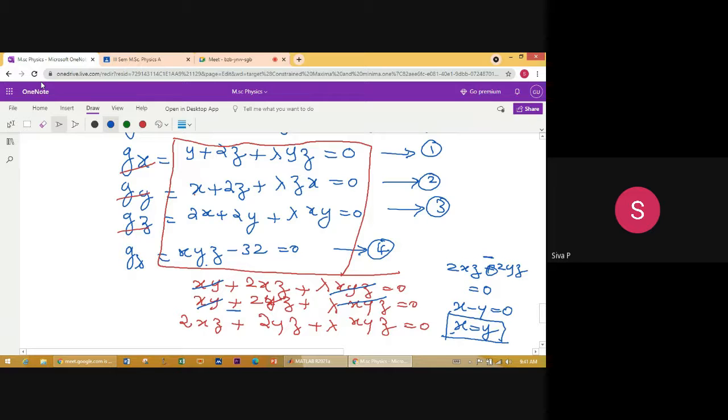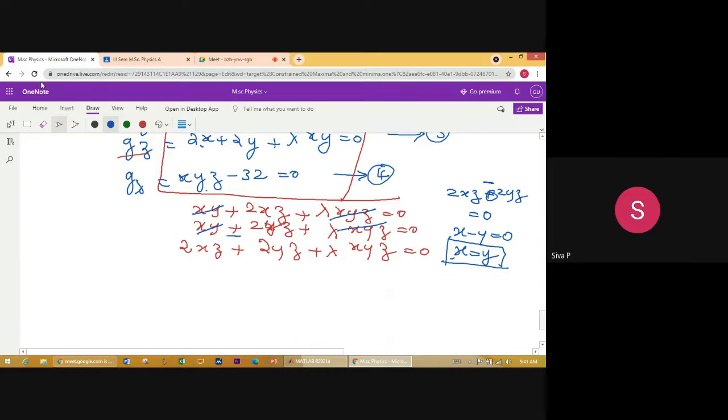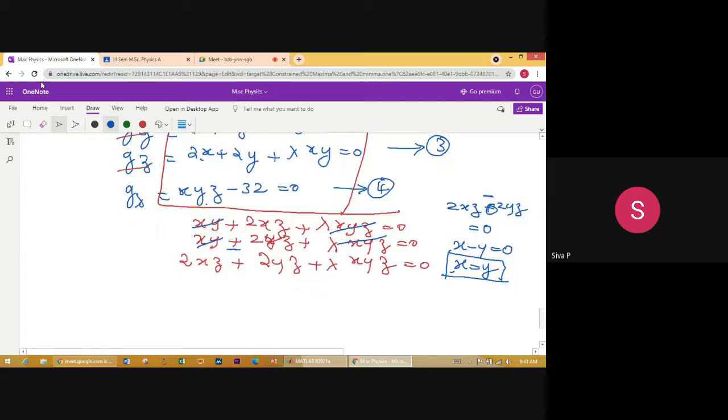Substituting x equal to y in the third equation, what do you get? Solving 1 and 2, we get x equal to y. Substituting x equal to y in the third one, 2x plus 2x plus lambda x square equal to 0.